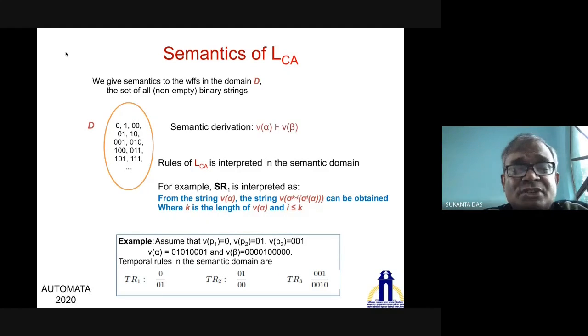So here we have redefined the temporal rules in the semantic domain. TR1 is 0 to 01, meaning if I get 0, that will be replaced by 01. TR2, if it is 01, that will be replaced by 00. And TR3, if 001 is there, that will be replaced by 0010. Now considering these things, we can get a semantic derivation.